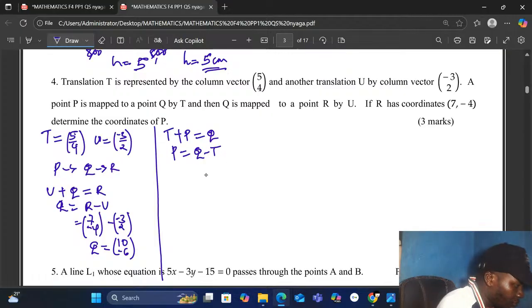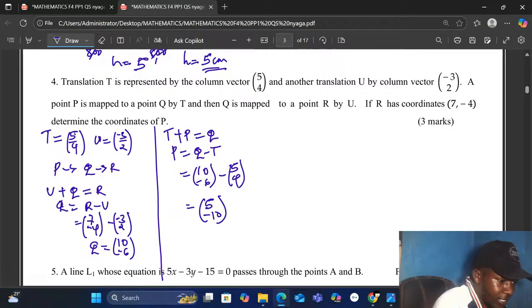So we have our Q, which is now 10, -6. Then we subtract T, and our T is 5, 4. We subtract the two to get the value of P. So our P will be equal to 5, -10.